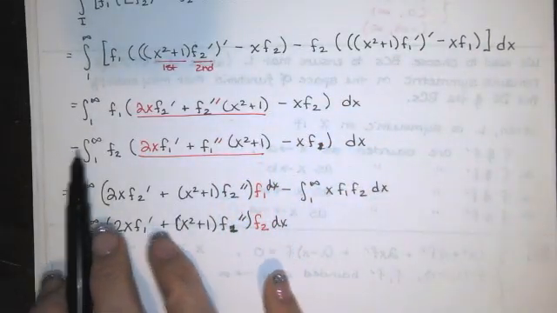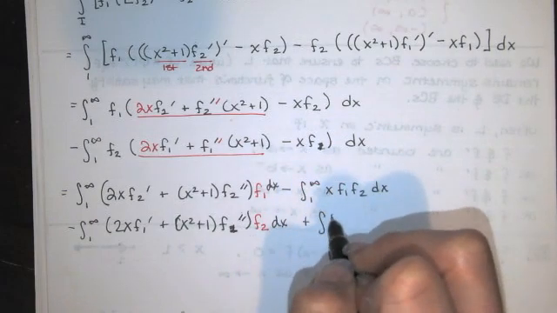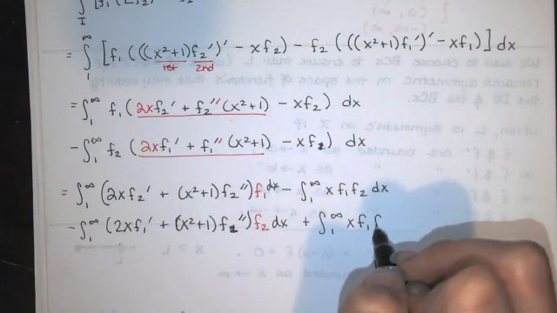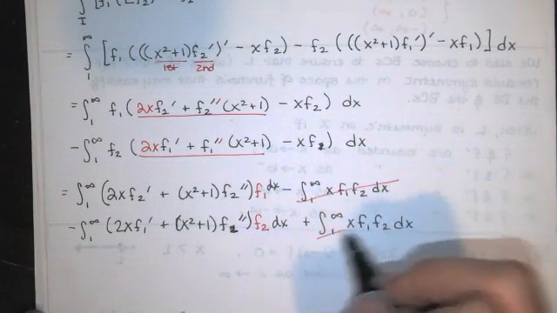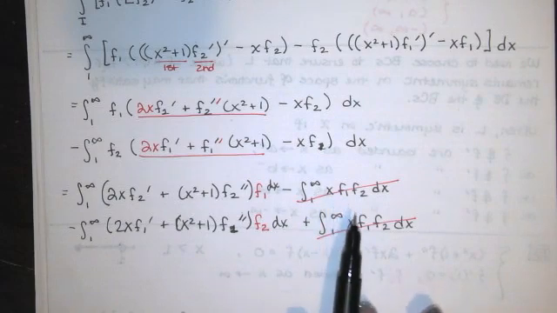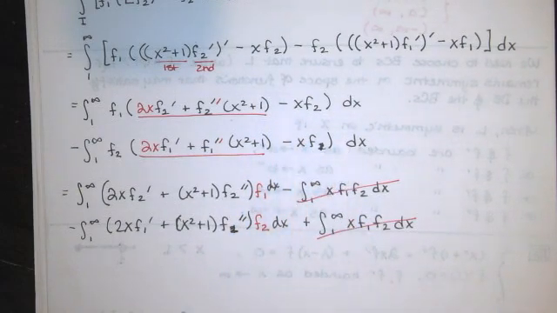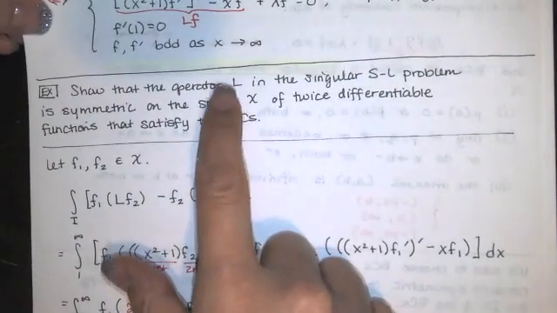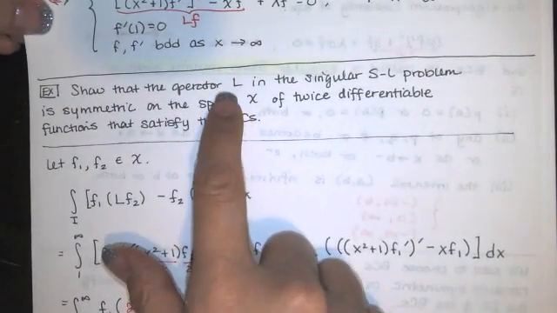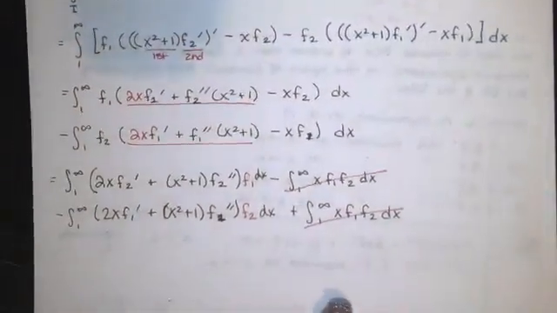And now when I distribute a negative f2 to this, I'll have a positive integral from 1 to infinity of x times f1 times f2 dx. And now we see that this reduces with this. That's going to happen with your q times f2 and your q times f1 every time whenever you're checking the properties of a linear operator from the Sturm-Liouville problem.